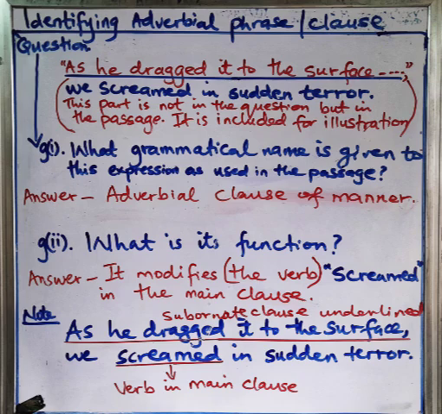For you to be able to answer the question, you have to go back to that underlined expression and find out the first word. For our example, the first word that we have there is as. And so, since the first word is as, we'll now say it's an adverbial of manner.